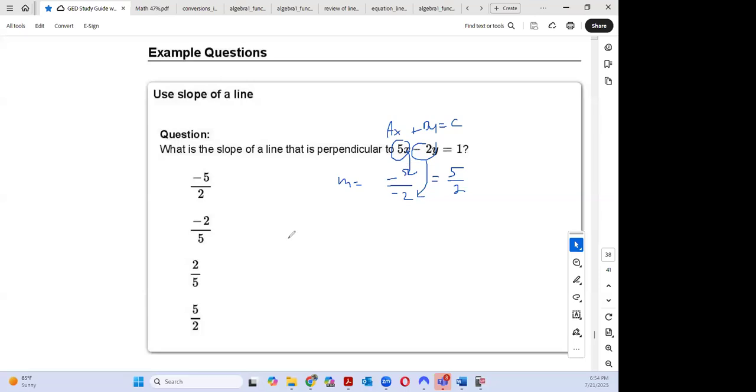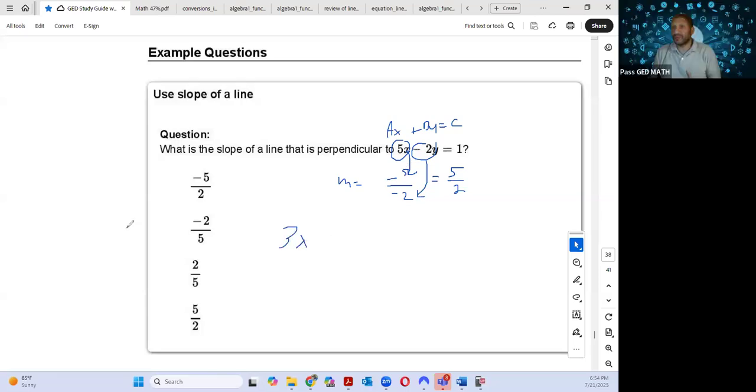So for example, 3x minus 2y equals 6. The opposite of A, -3, over B, -2. My slope is 3/2, without identifying A, B, and C. The reason I told you to identify A, B, and C is because I want you to understand the process.